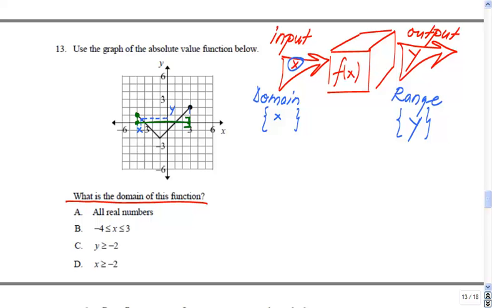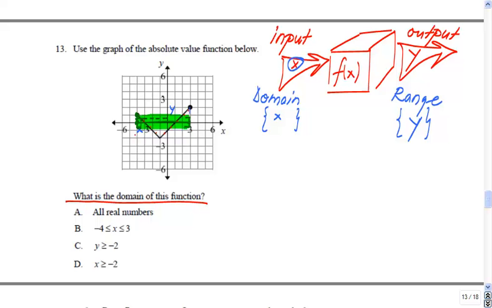Basically you can write this interval using brackets, or as you will see here on the four choices, you can also use inequalities to describe all the x's that are placed on this interval, where every point on your graph will give you a certain x, right?